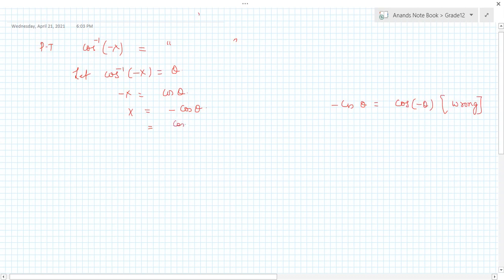I'll write it as cos of 180 minus theta. Correct now, guys? Yes, sir. This is what we've been doing in the previous problems, when we are finding the principal value of inverse trigonometric function. Then what we will do? We will get it this side. Cos inverse of x equal to pi minus theta.